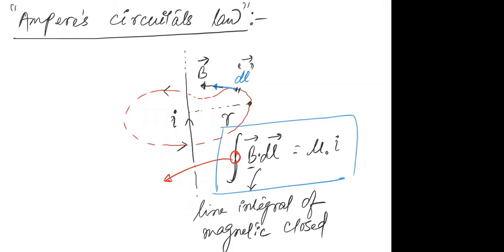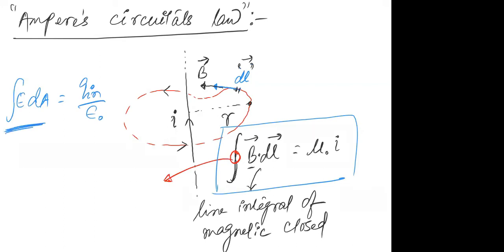I will make you understand how it should be applied in a given question, but try to understand that the line integral of the magnetic field is equal to mu naught I. Please connect it to what you have studied in Gauss law. In Gauss law, it was the integral of E dA equal to Q enclosed upon epsilon naught. That is flux.